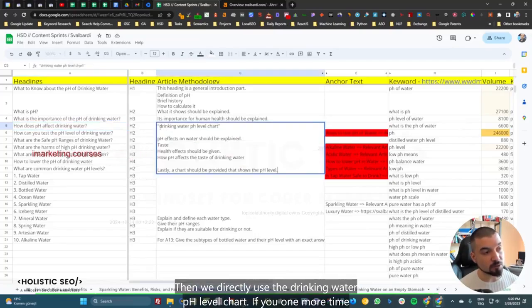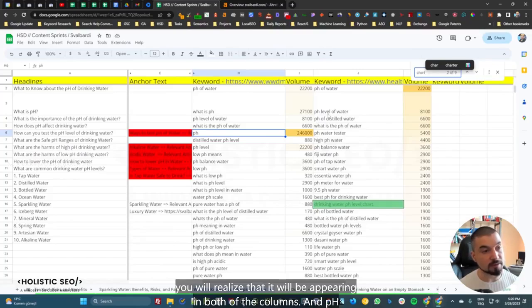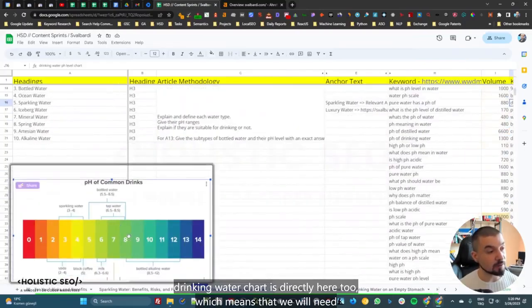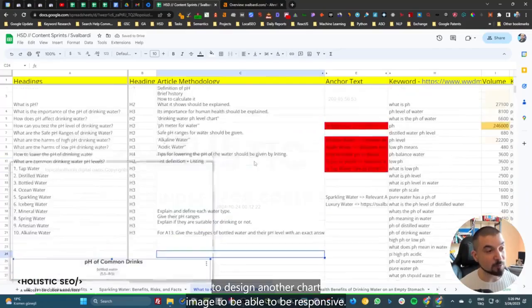Then we directly use the drinking water pH level chart. If you search one more time for the word chart, you will realize that it appears in both of the columns. And pH drinking water chart is directly here too, which means that we will need to design another chart image to be responsive.